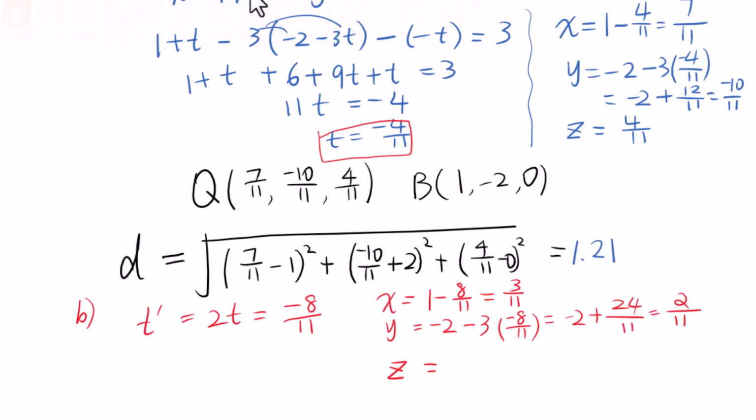Then z equals negative t, which is 8 over 11. So the reflection point B prime is 3 over 11, 2 over 11, 8 over 11.